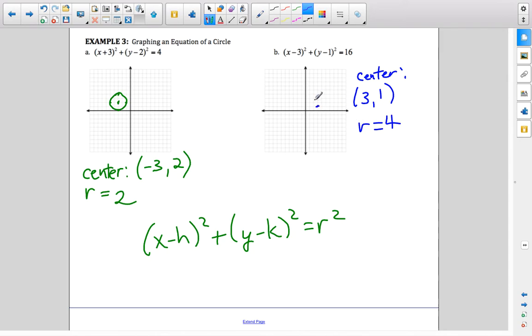And then I use my radius, 4, 1, 2, 3, 4, up from my center, down from my center. Go back to your center, go to the right 4, and go to the left 4. Now see if you can make a nice circle, or as best that you can, connecting those outer points.